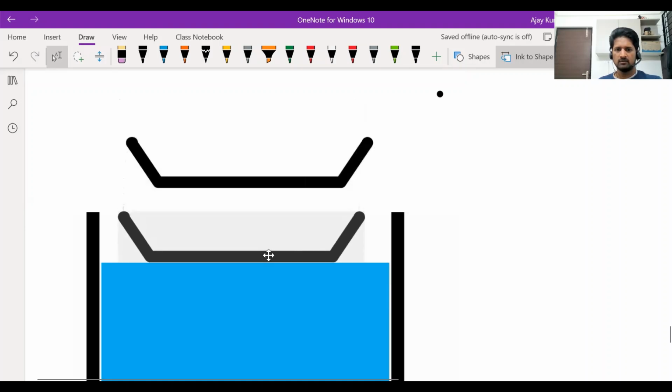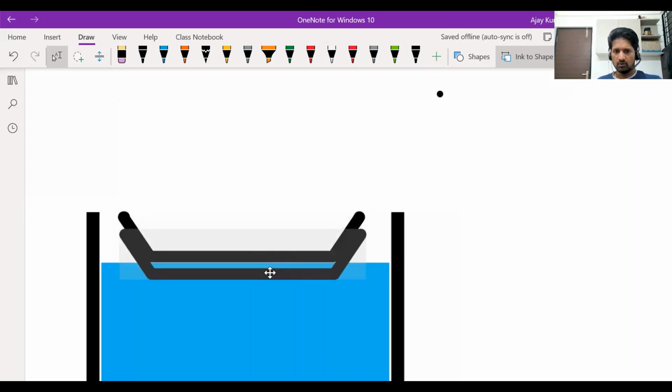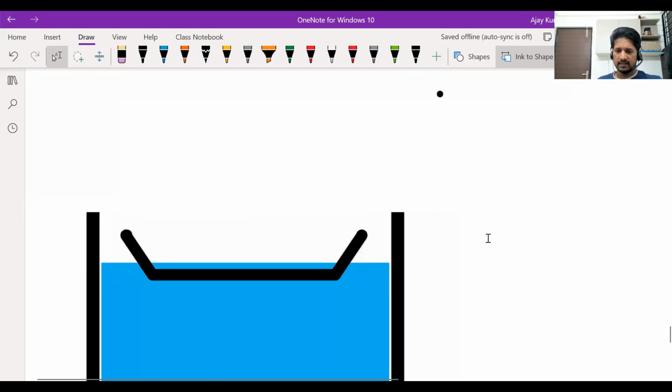What will happen? When it is completely outside, weight will be the only force acting on it, so it will have to go down. As it goes down, not only the metal, the air inside the boat also will displace water. Situation will be like this. Fine.